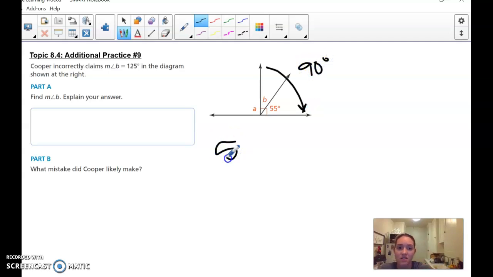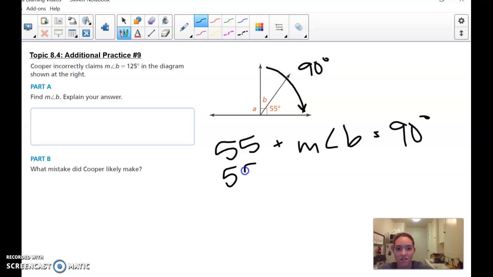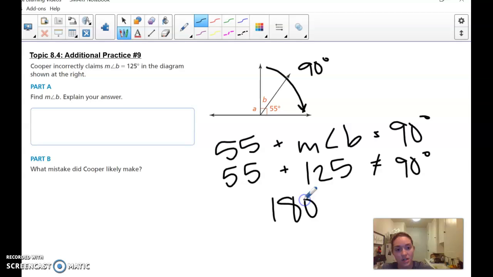And 55 plus the measurement of angle B should equal 90 degrees. But 55 plus 125 does not equal 90 degrees. It equals 180 degrees. And that does not equal 90.